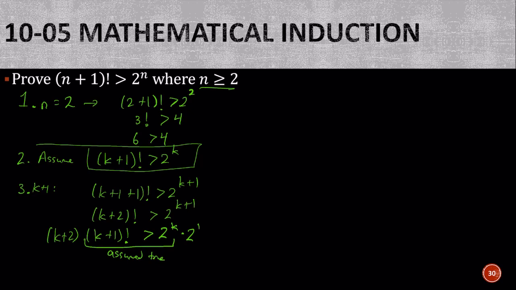So that works because it works when we plug in the k, and then the outer part, anything plus 2 is greater than 2. So since it's all true, it's all true.